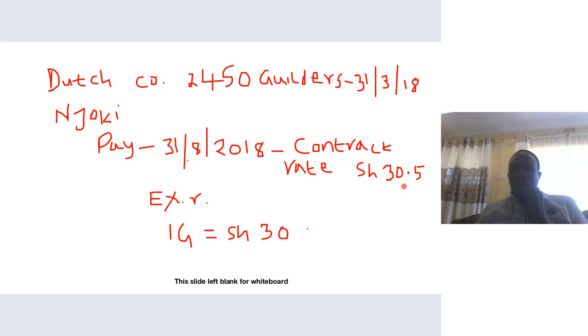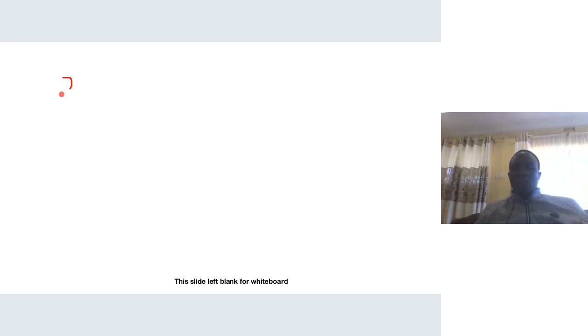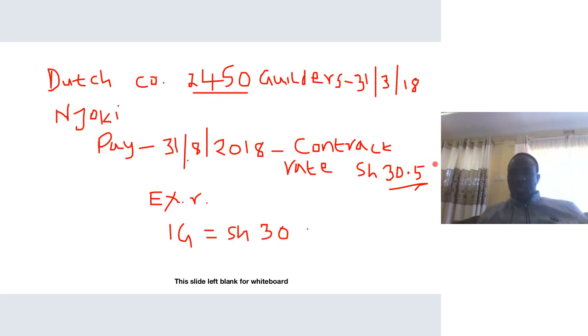Remember, our selling price now will be, we will take the 2,450, then we multiply by the contract rate, which is 30.5, because that is what was on the contract price.